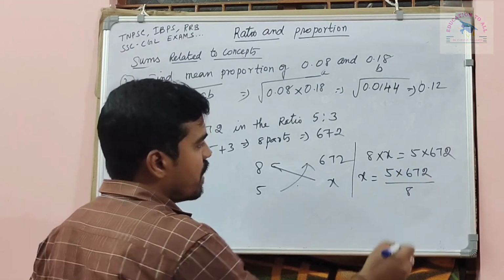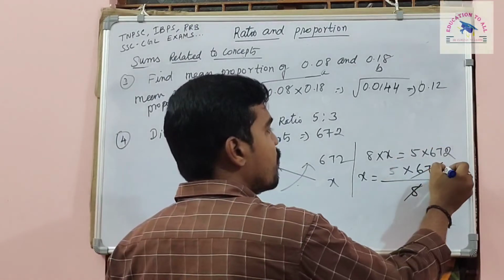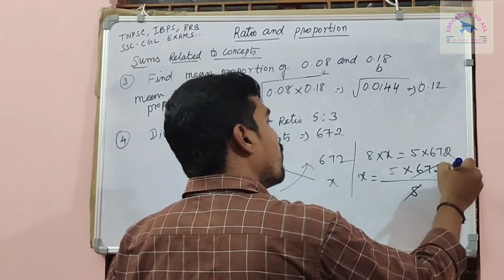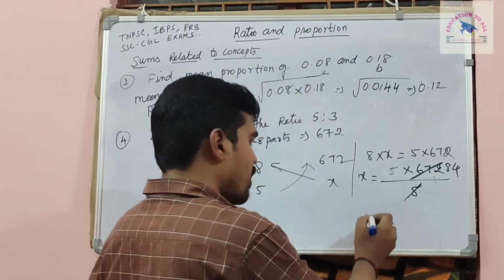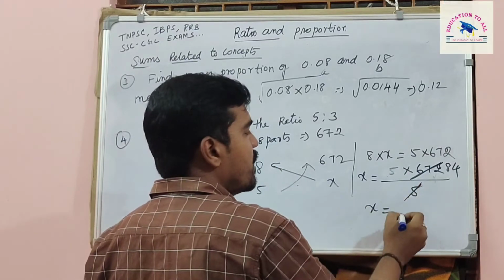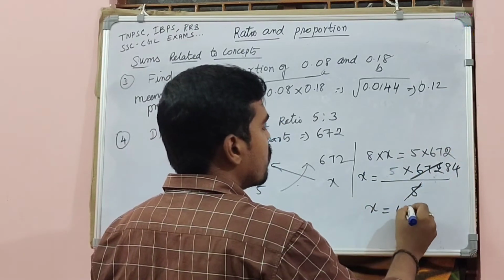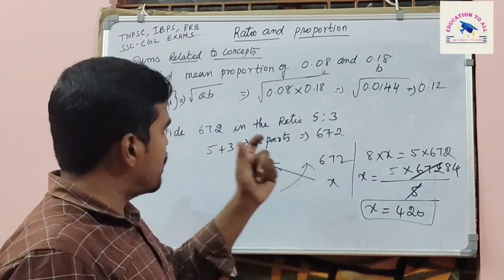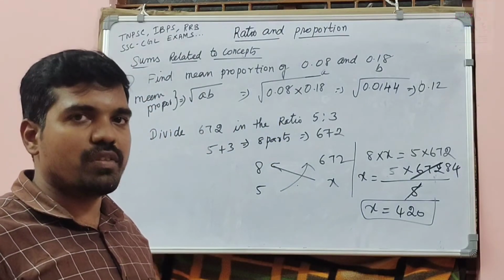If we divide, 8 8s are 64, remaining 3, 32, 4 8s are 32. So if you cancel by the 8 table, you will get 84. Then x equals 5 into 84. 5 8s are 40, 400, 5 4s are 20. So 420 is the value of x, which is 5 parts of 672.